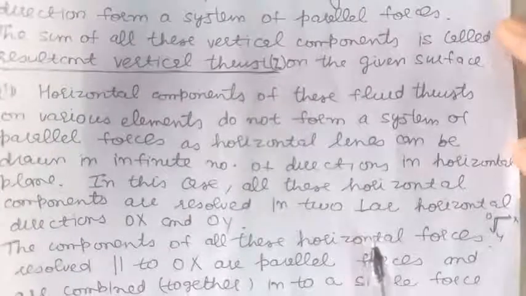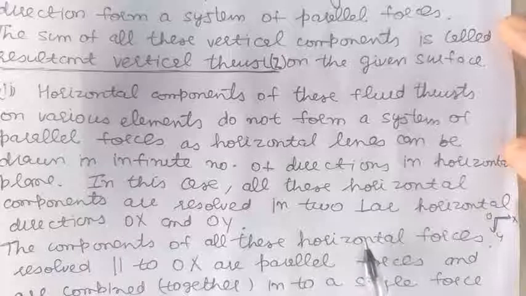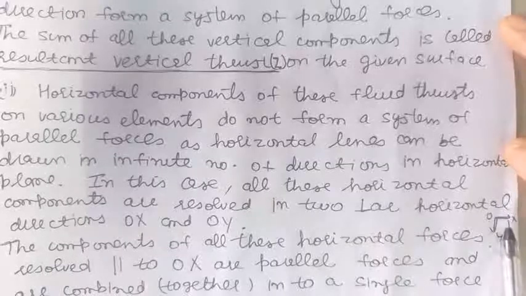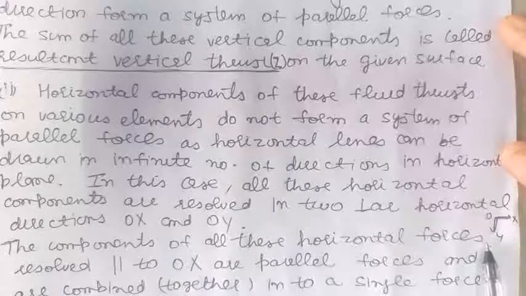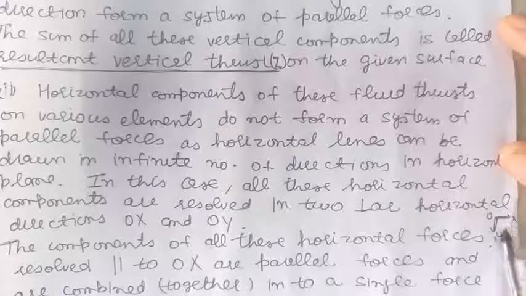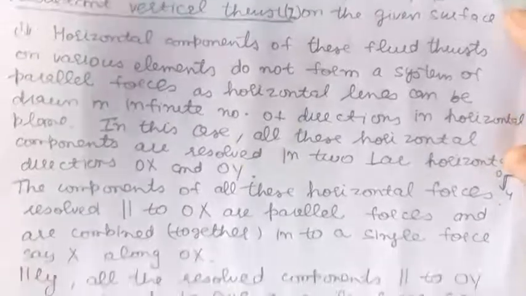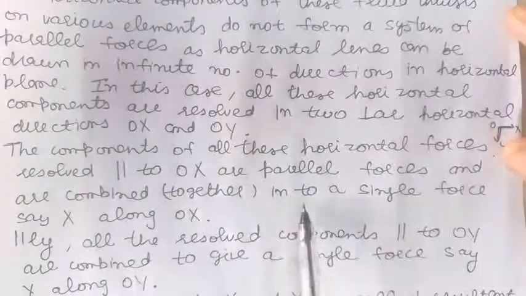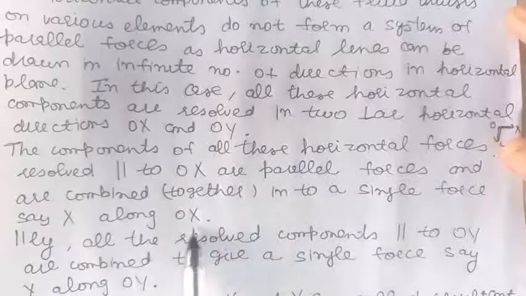In this case, all the horizontal components are resolved into two perpendicular directions, OX and OY. The components of all the horizontal forces resolved parallel to OX will be parallel forces, so they can be combined into a single force along OX.